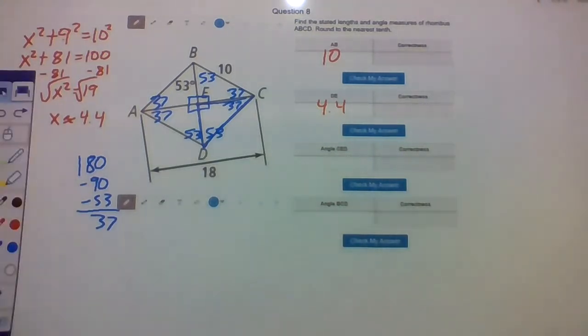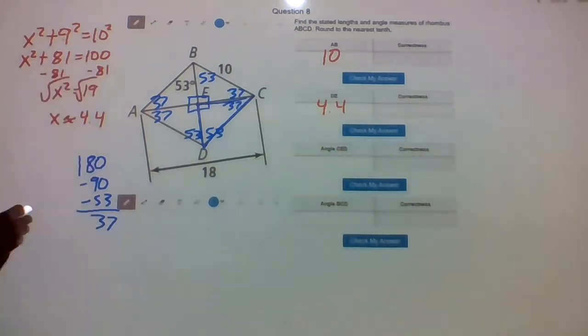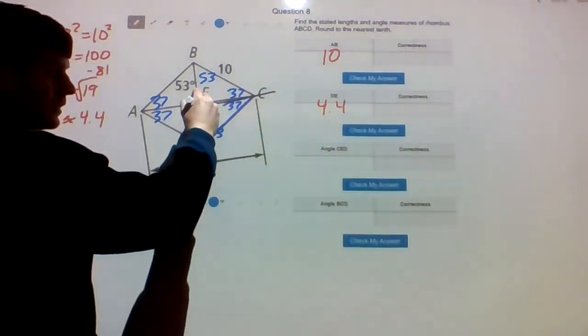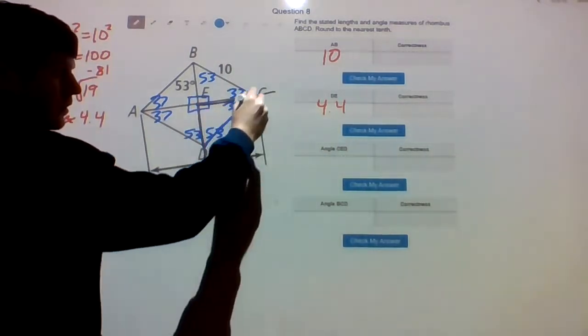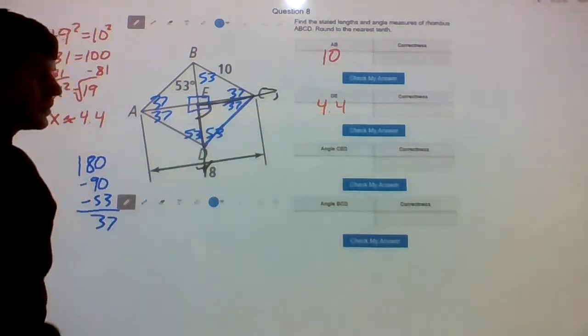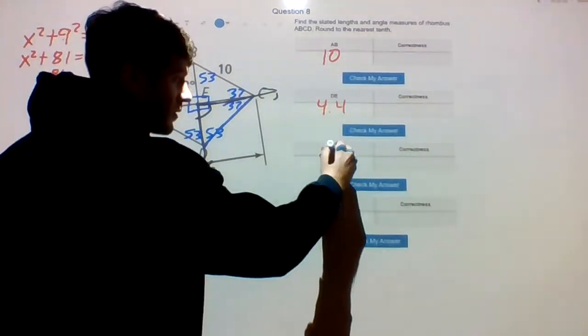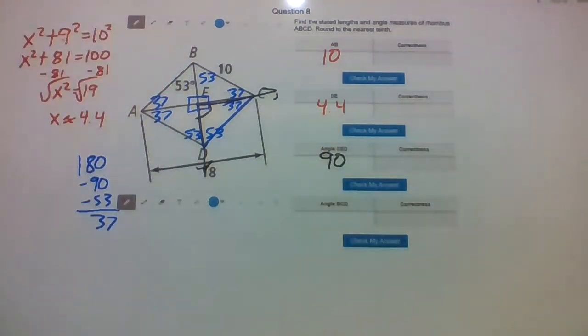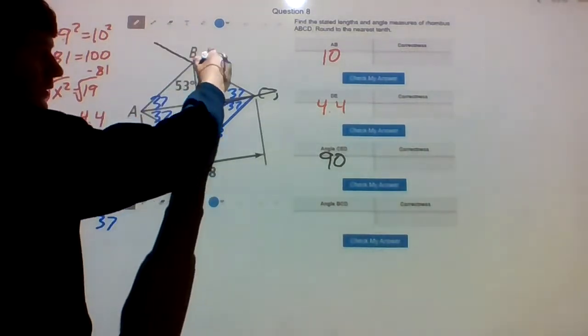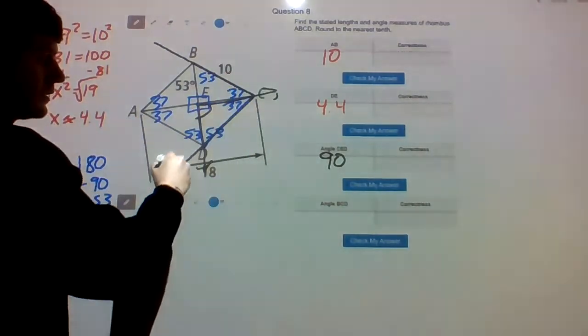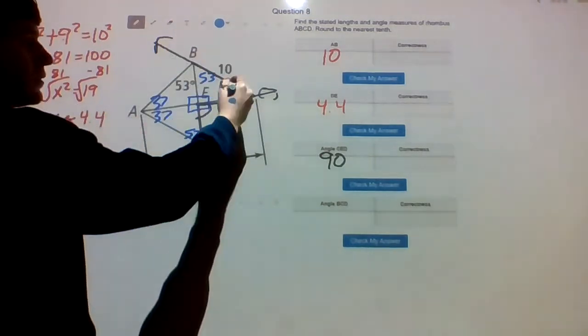So measure of angle CED, C to E to D, that's going to be this angle here, which is 90 degrees. And then BCD, B to C to D, that's going to be this whole big angle here.